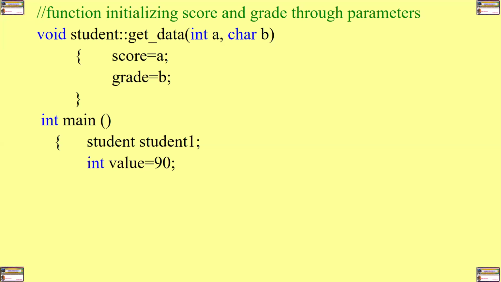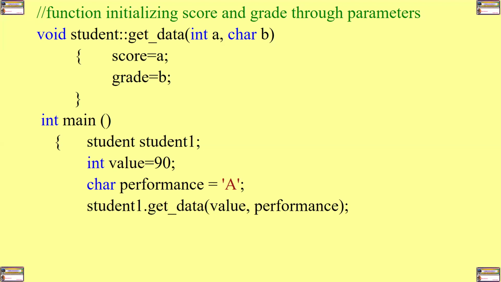Then we declare and initialize a variable called value with an integer value, which is 90. We also declare and initialize a variable called performance with a character A. From there, we invoke the function. The compiler will invoke the function called getData.